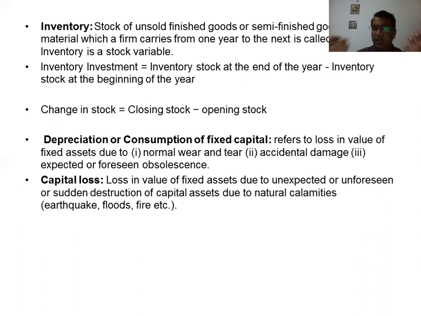We know that if we purchase an asset for, say, 10,000 at present, its value will be reduced due to normal wear and tear or use. But capital loss, in contrast to depreciation, is unexpected. We do not expect the value of that asset to decrease due to natural calamity, maybe earthquake, flood, fire, or any other reason. But an unexpected decrease in the value of assets is called capital loss.